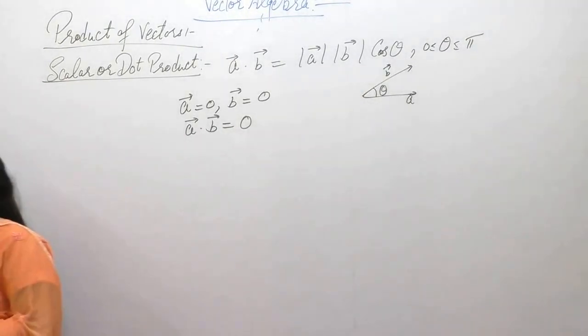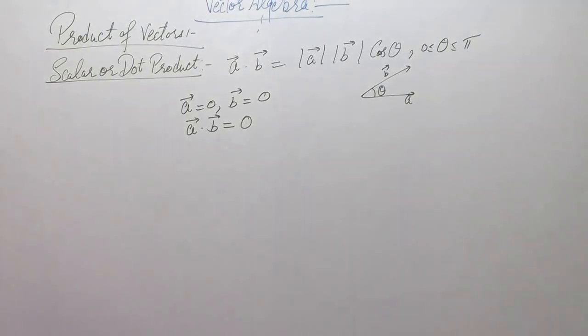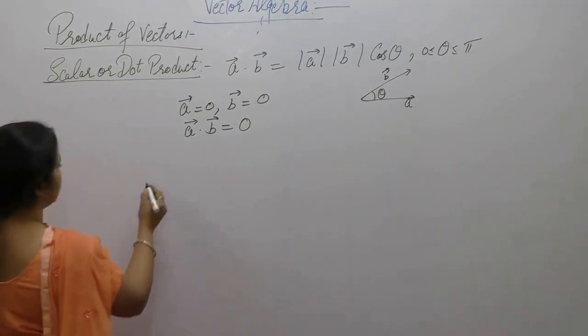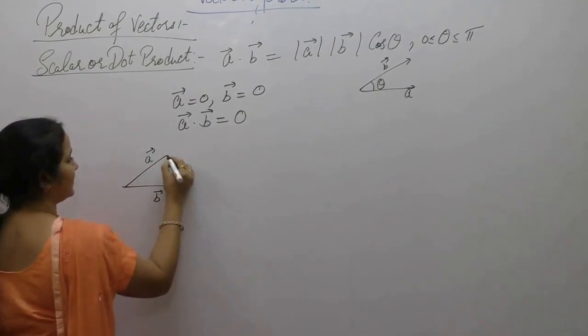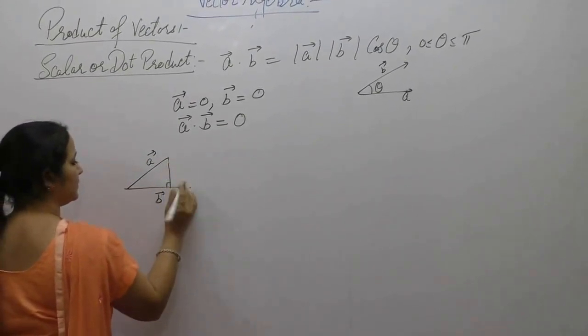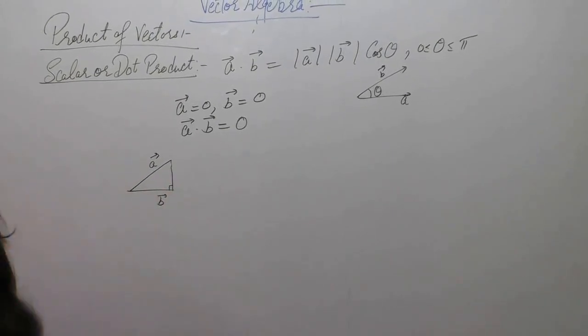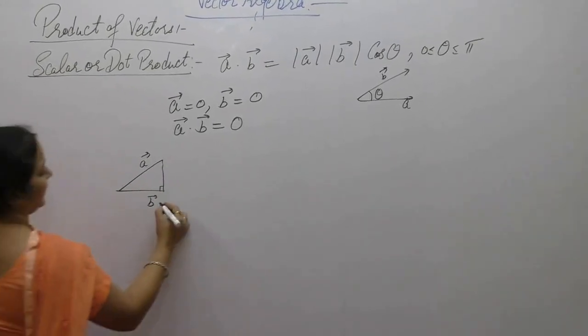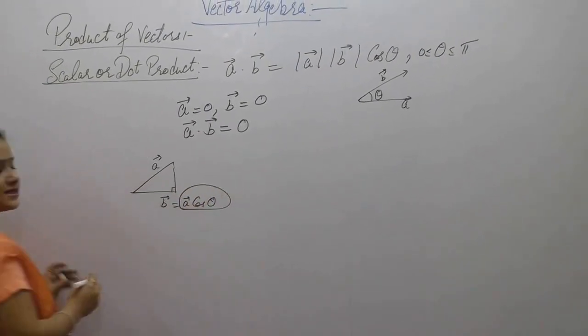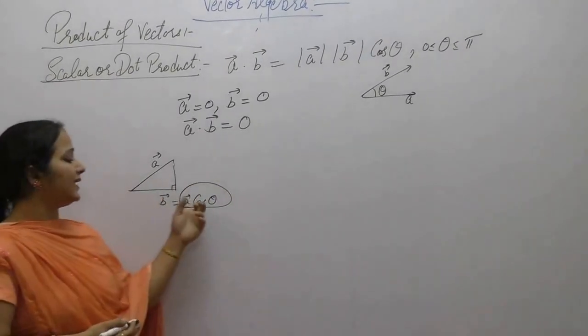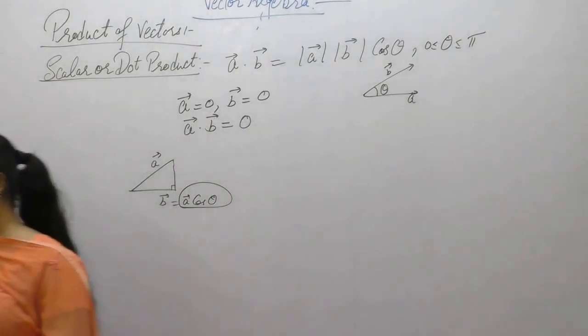That is why we have used cos theta here. Suppose this is A vector, this is B vector. Then B vector is equal to A vector cos theta. To make the direction the same, we take angle cos theta here.